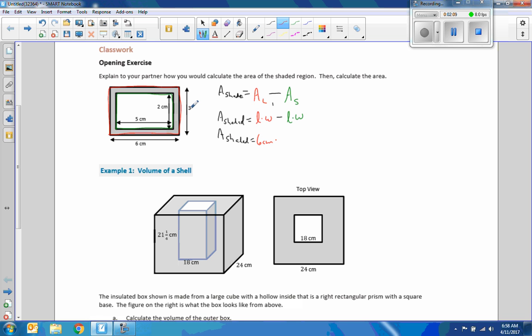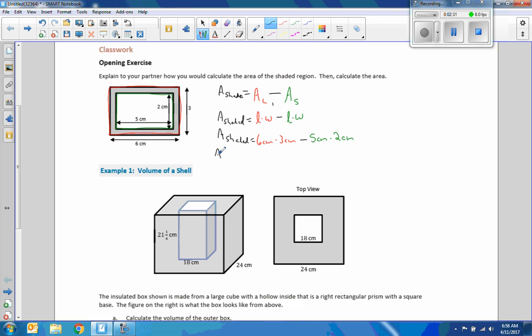The width is 3 centimeters. And we're going to subtract the length of the smaller rectangle times the width of the smaller rectangle.